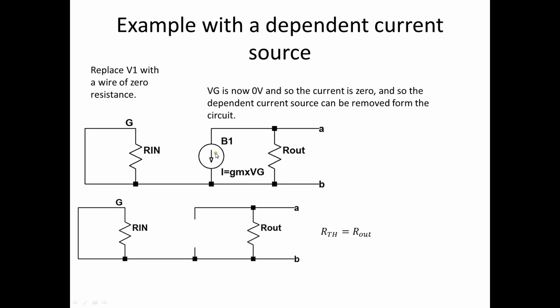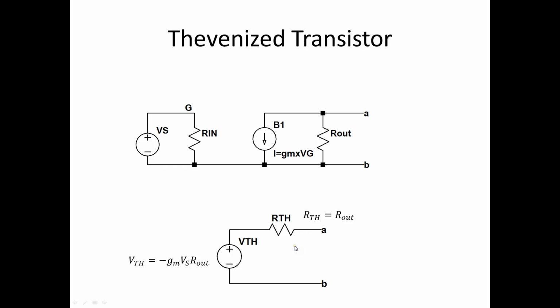How do we get rid of a current source that's at 0 amps? We remove it from the circuit. Then by inspection, our R Thevenin is just R out. Putting it all together, this Thevenized transistor is equivalent to this: V Thevenin is minus GM Vs R out, and R Thevenin is equal to R out.